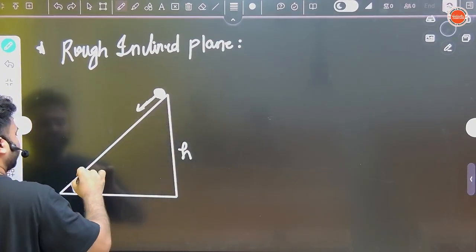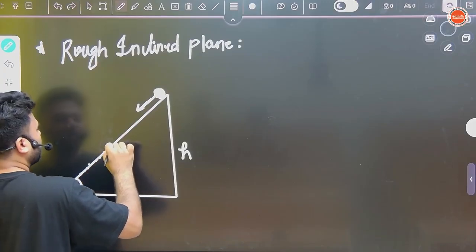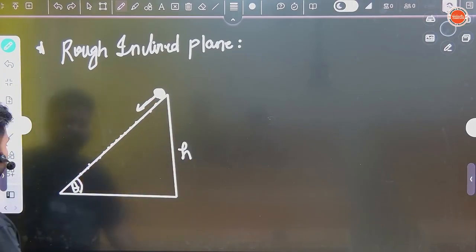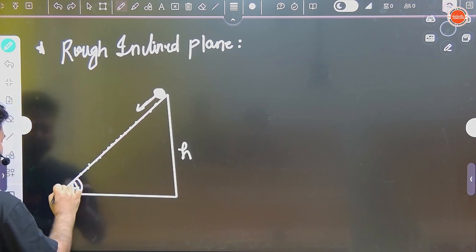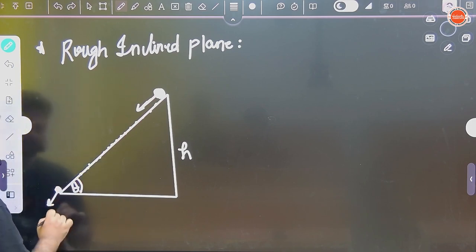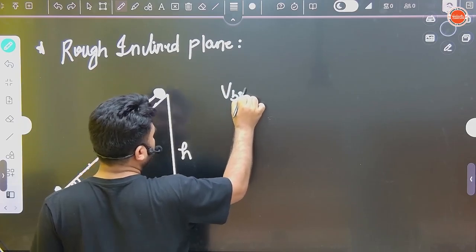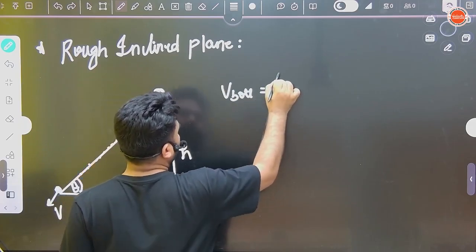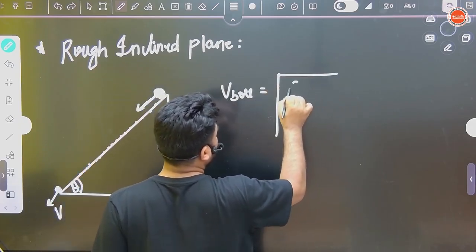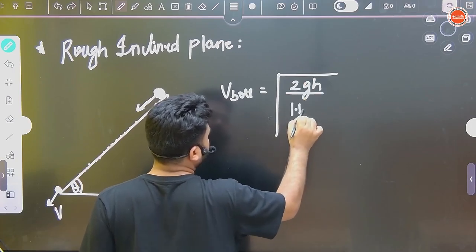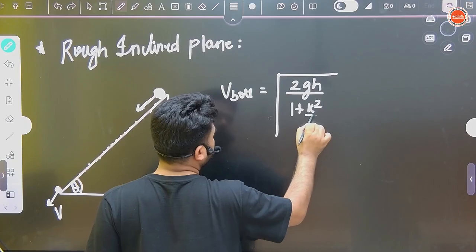Then they ask the same question: what is the velocity at the bottom? You write the formula under root 2gh divided by 1 plus k square by r square.